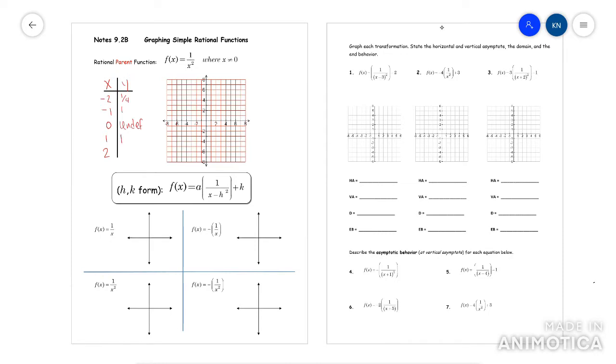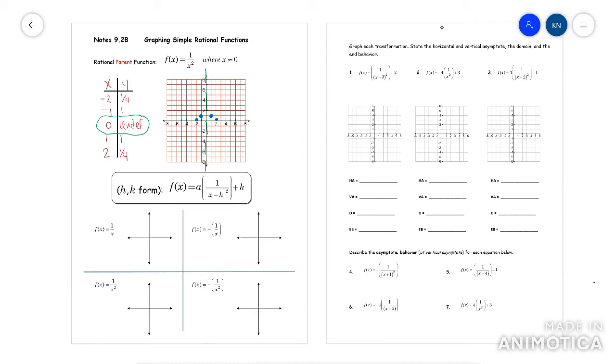All right. So I'm going to do it in blue so it sticks out a little bit better. Now this one looks like this. All right, so this 0 being undefined is your VA.